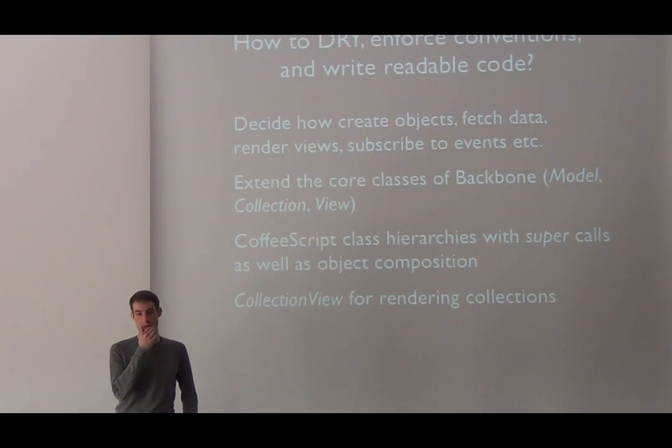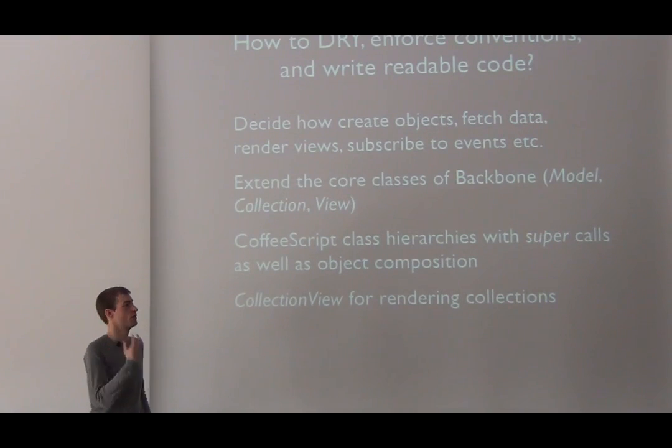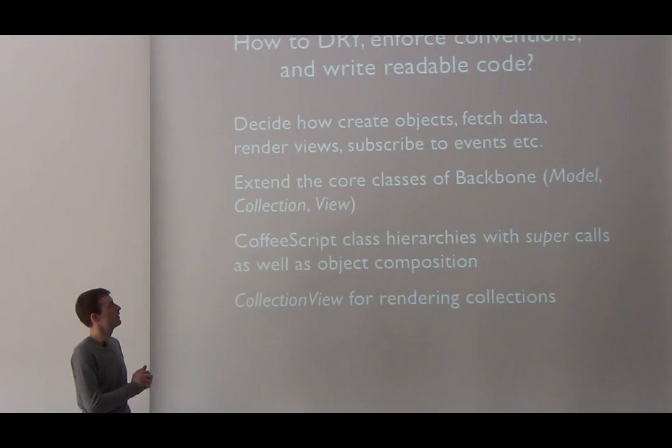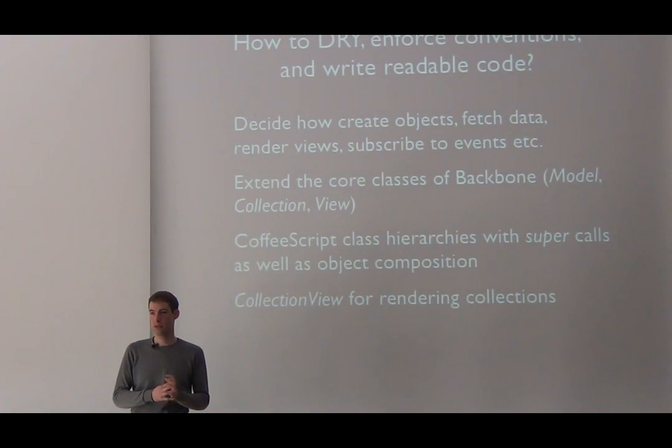The first question was, if the code grows, how do you not repeat yourself? You could either write much code based on Backbone, but we chose to extend the core classes of Backbone. So we have our own model, our own view, and our own collection.